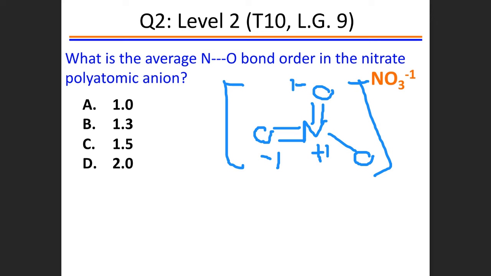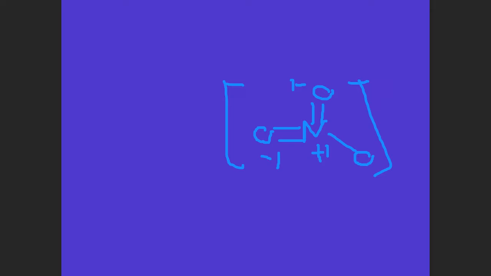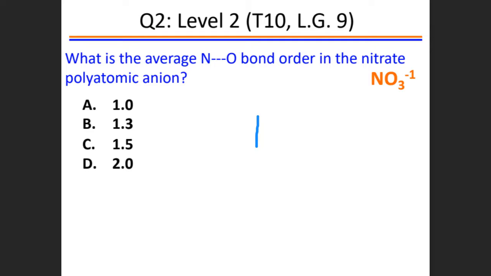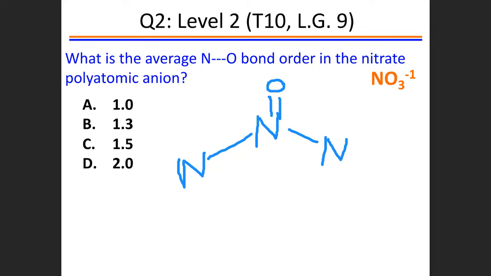So this +1 and this -1 will be nullified, and one double bond will be 0. Oh, sorry, I made a little mistake during the drawing. Just a minute. So one double bond is here, this one. Now it's fine. That's why I could not match it.